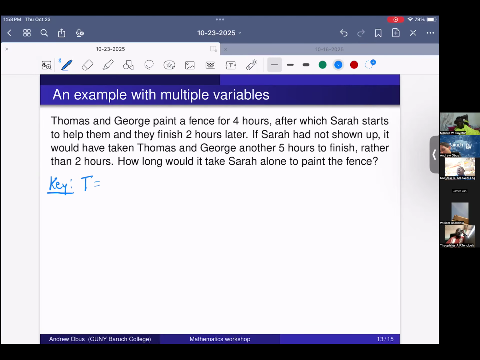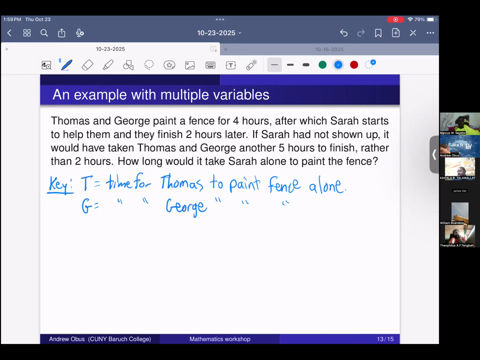Okay, so T is going to be equal to the time for Thomas to paint the fence alone. And then G will be the same thing for George to paint the fence alone. And then last, S will be the time for Sarah to paint the fence alone. Okay, these are going to be our times.